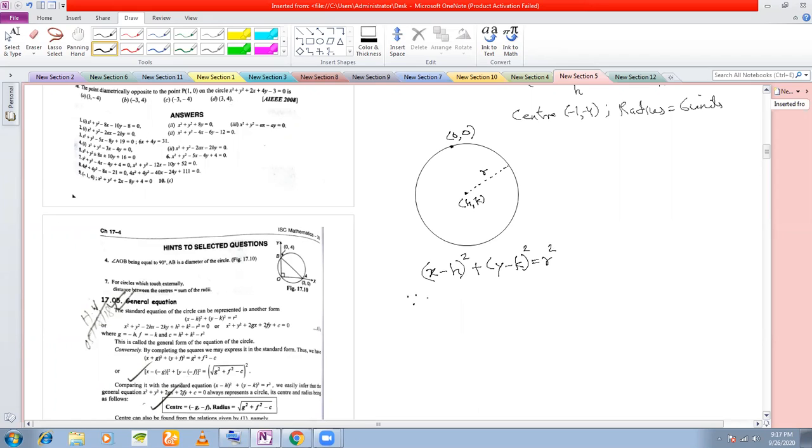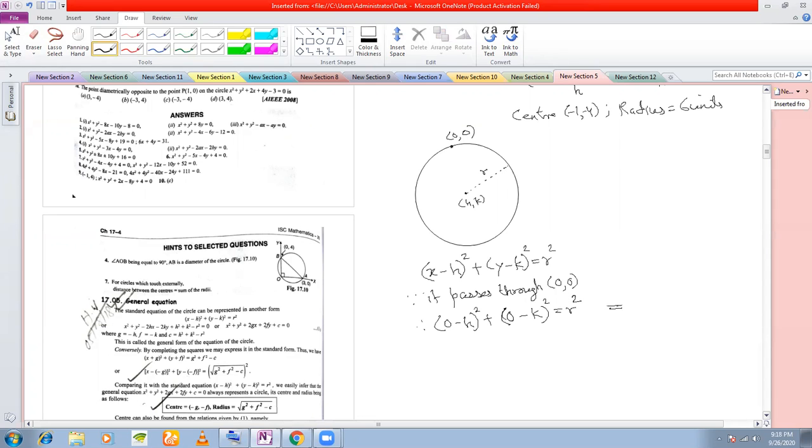Since this circle passes through the origin, it will satisfy this equation. Therefore you will get 0 minus h whole square plus, not y, 0 minus k whole square equal to r square.